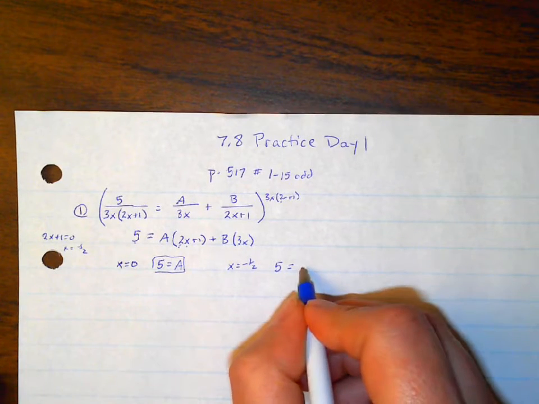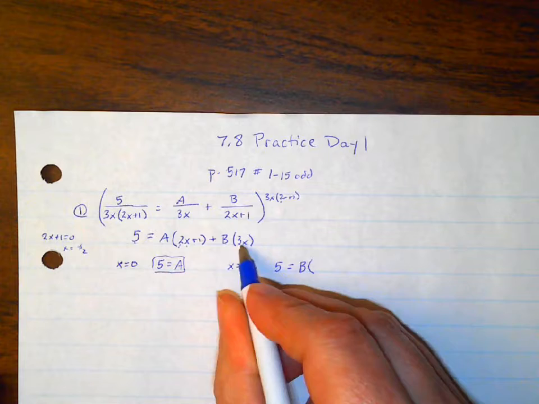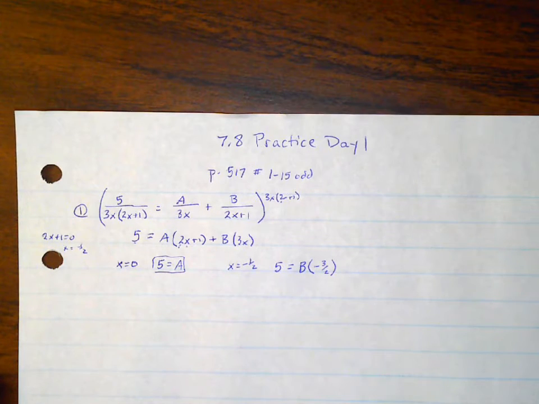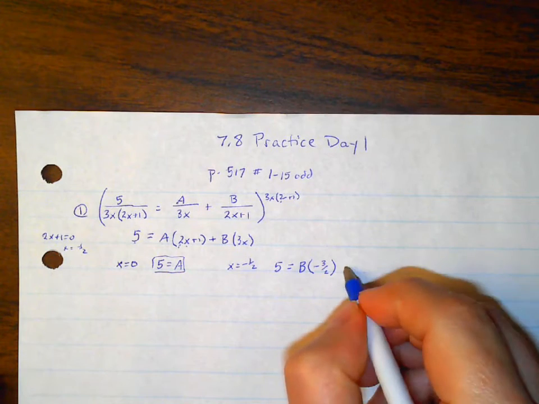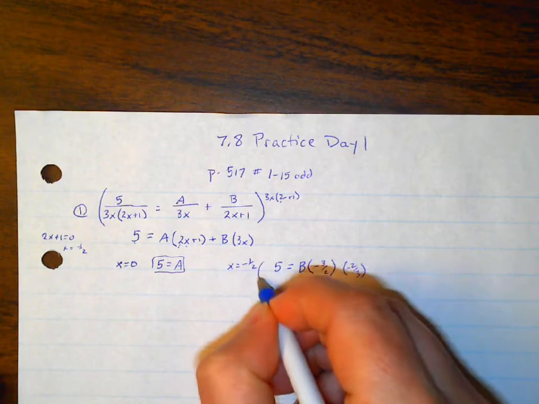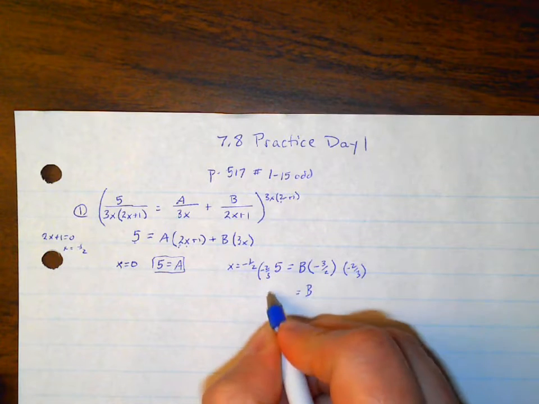So I have equals b times negative 3/2. Okay, to solve both sides of the equation, I can multiply by negative 2/3. So I get b is equal to negative 10/3.